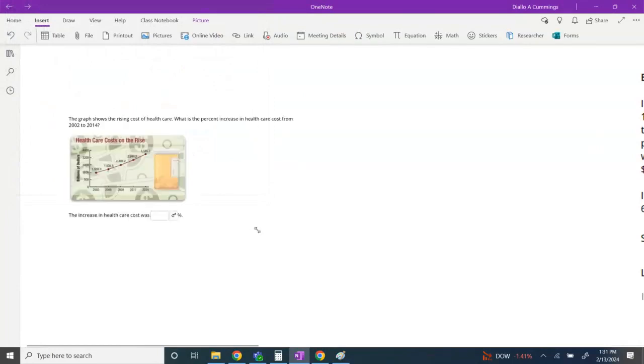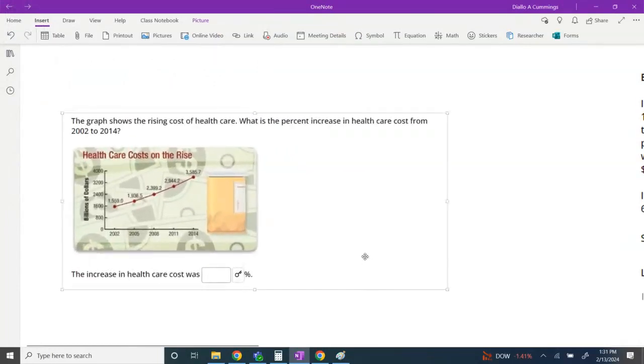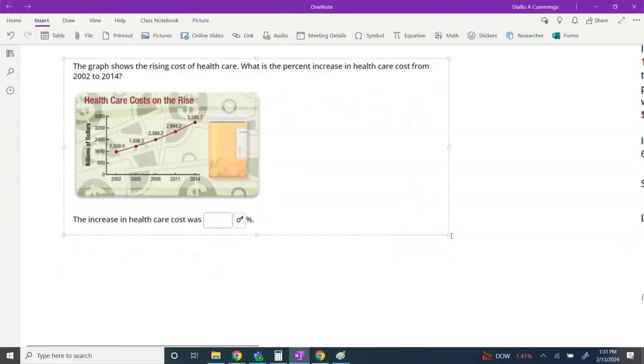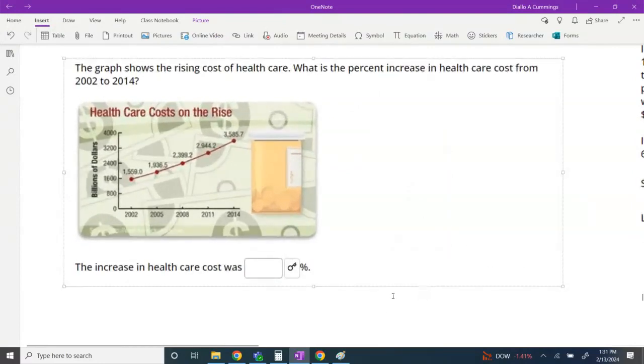All right, so here's problem number 9, and we are given a graph. It says the graph shows the rising cost of healthcare. What is the percent increase in healthcare costs from 2002 to 2014?